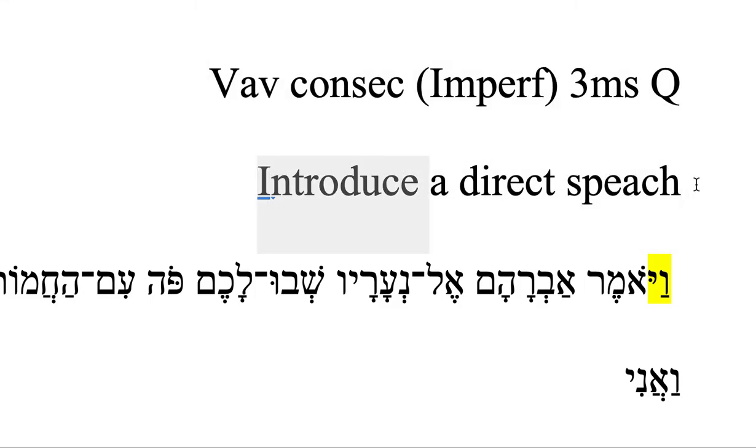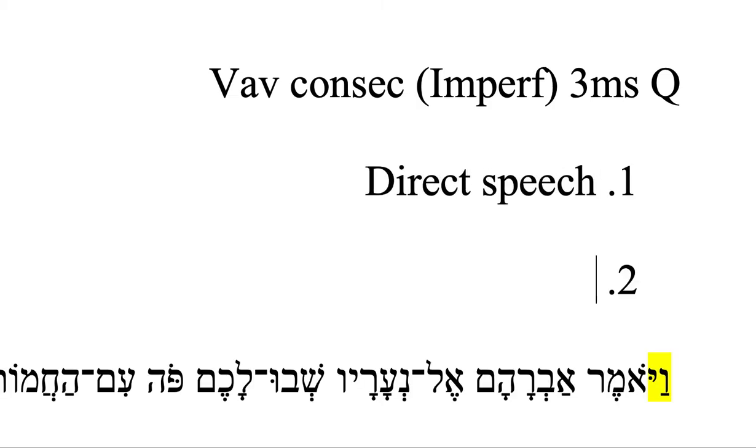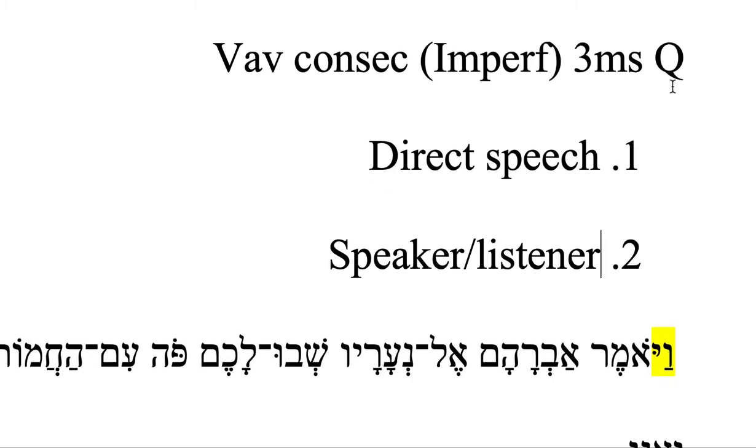Either, number one, you'll see a direct speech right after, or potentially number two, people who are involved: the speaker or the one who is listening. They may be introduced. Other than that, you will not see anything else after vayomer but the direct speech.